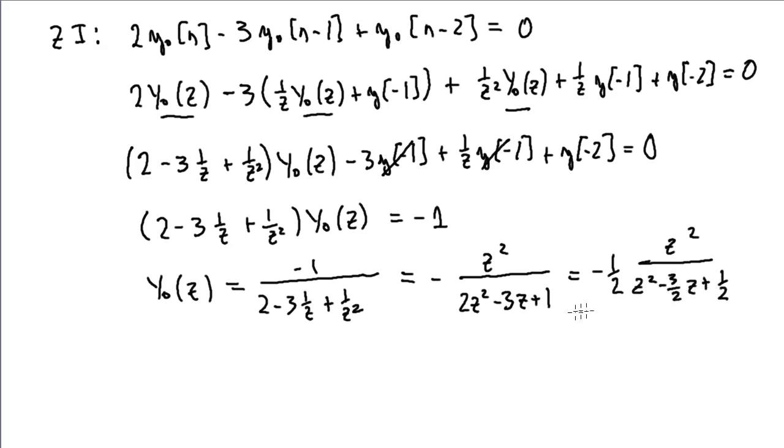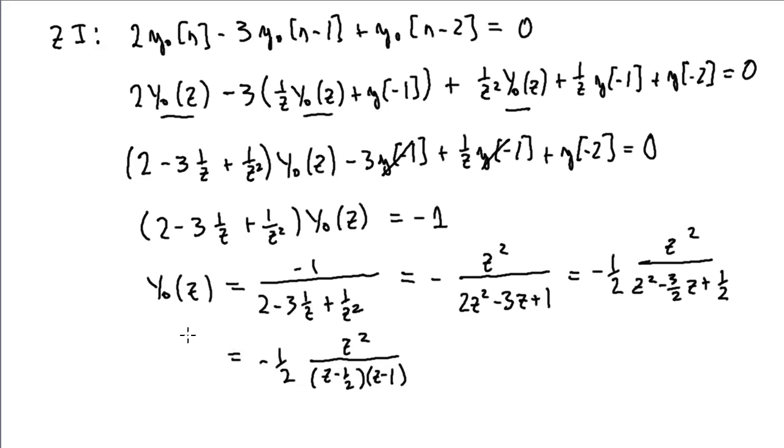Now we want to go through and find the inverse z transform of this. Actually, take one more step here. The denominator has real roots at 1/2 and at 1. So I can do a partial fraction expansion now of this.